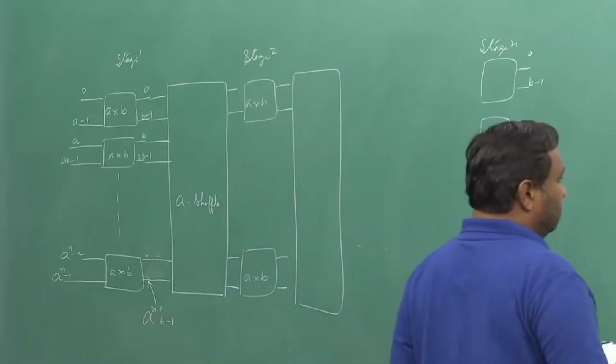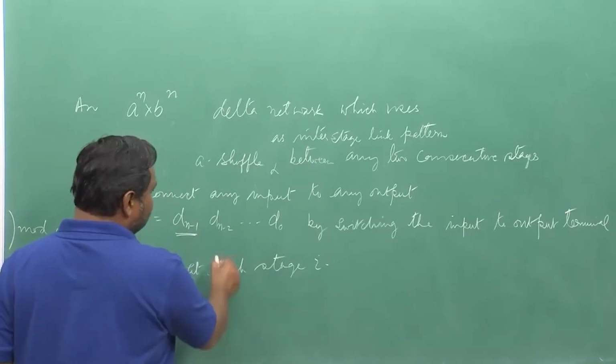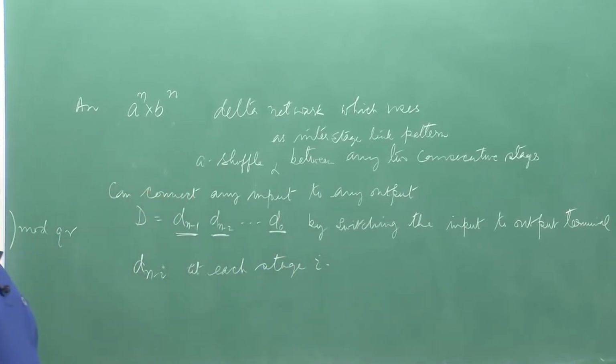Okay. So, in the first stage I will be using this particular digit, second stage I will be using this, last stage I will be using this particular digit for deciding which output terminal the packet should be routed. So, once this is done I will be able to create a self routing.